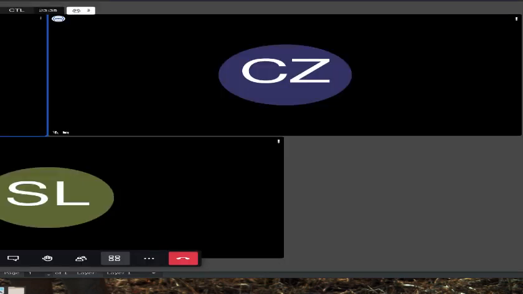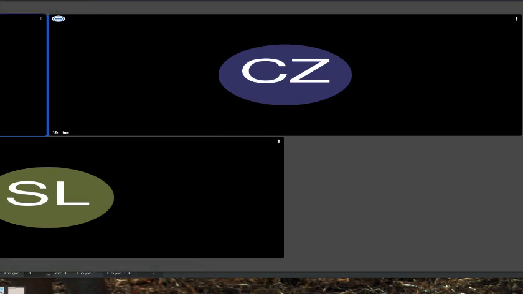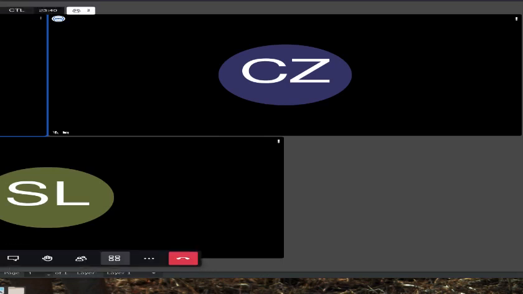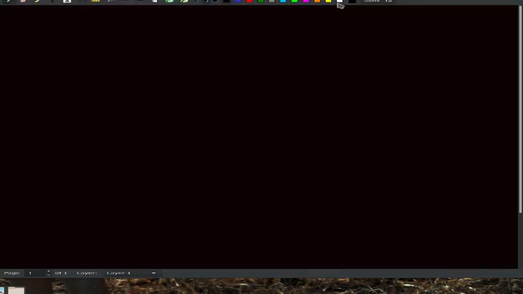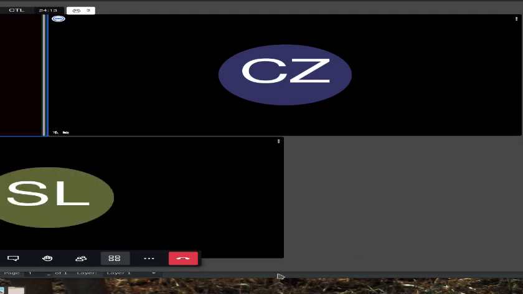So a partial order is a special kind of relation on a set. I'm trying to share my screen. Can you see my screen? Yes, we can.